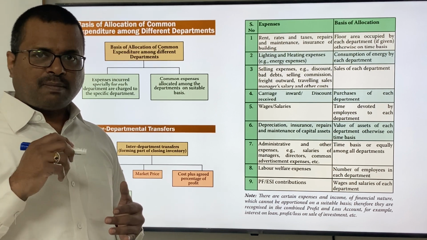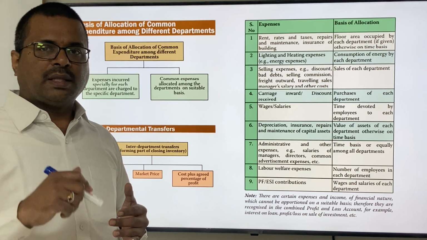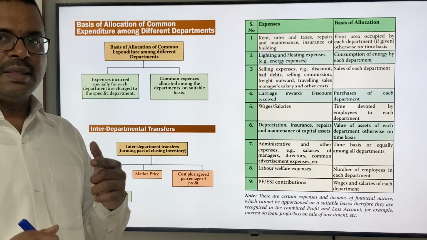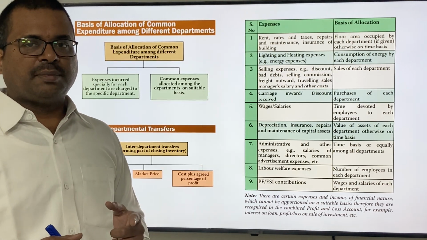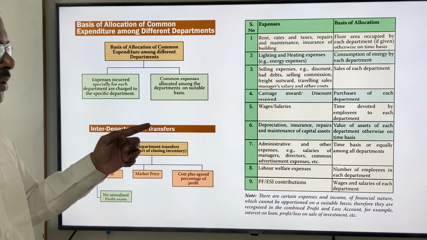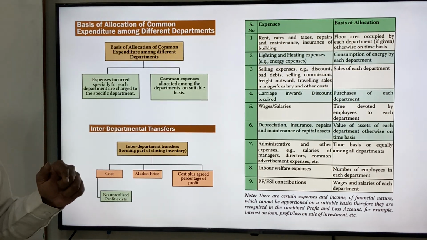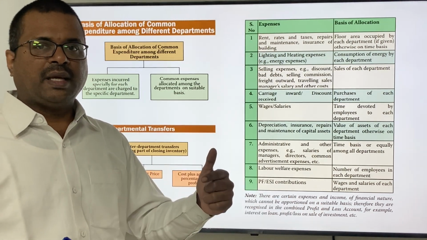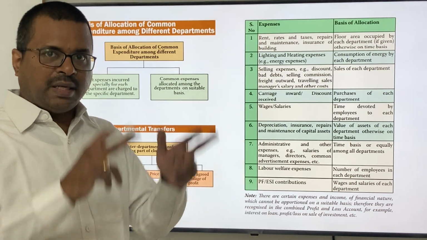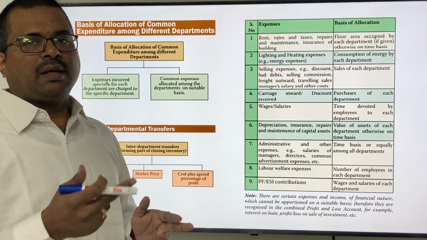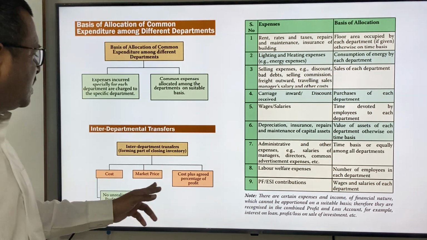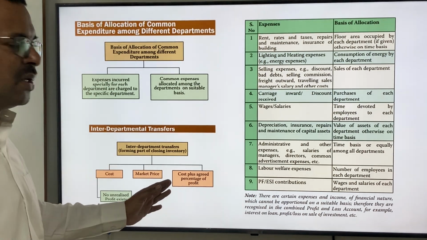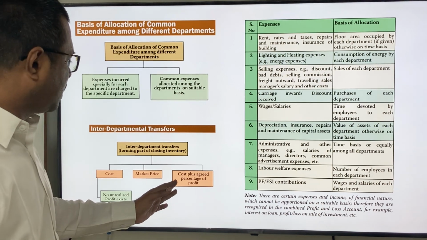Management decides to transfer the goods at that price. Then the selling price of that department will be the market price, and that price will be charged to the other department, which will take it as a cost in its departmental accounts and do further processing. That is another basis of transfer of material from one department to another.